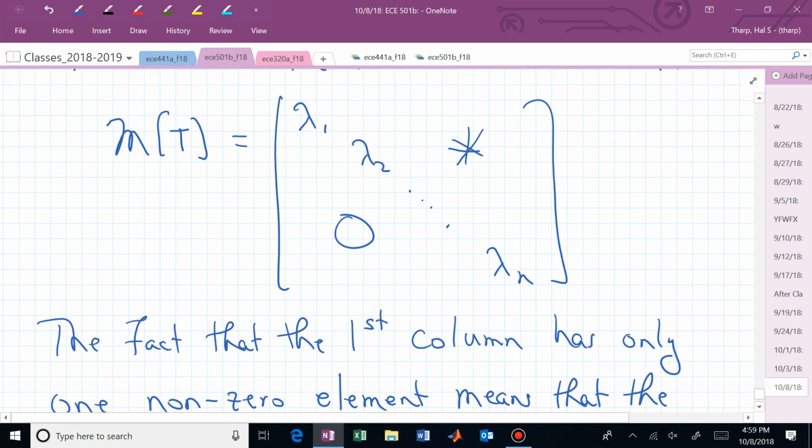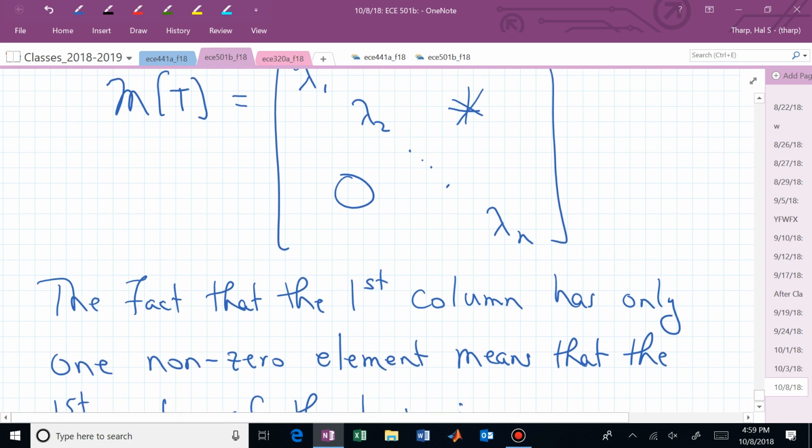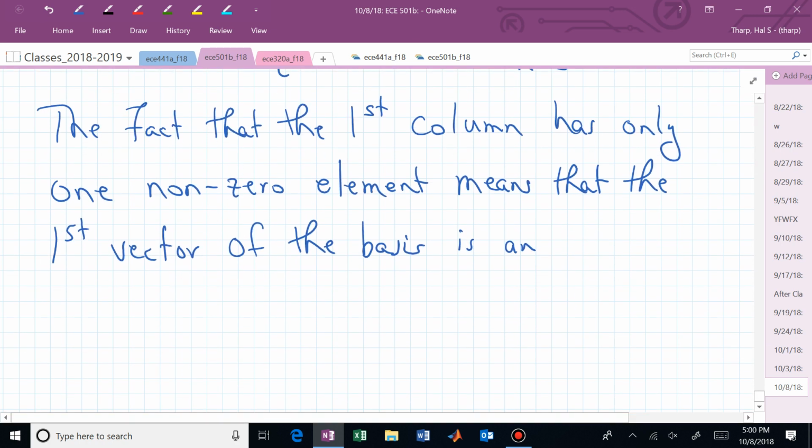If I'm forcing that first column to just have one non-zero entry on the diagonal, what's that telling me about my first basis vector in this list of basis vectors that I'm using to make this matrix representation? It has to be an eigenvector, right? So now this first vector of the basis is an eigenvector.